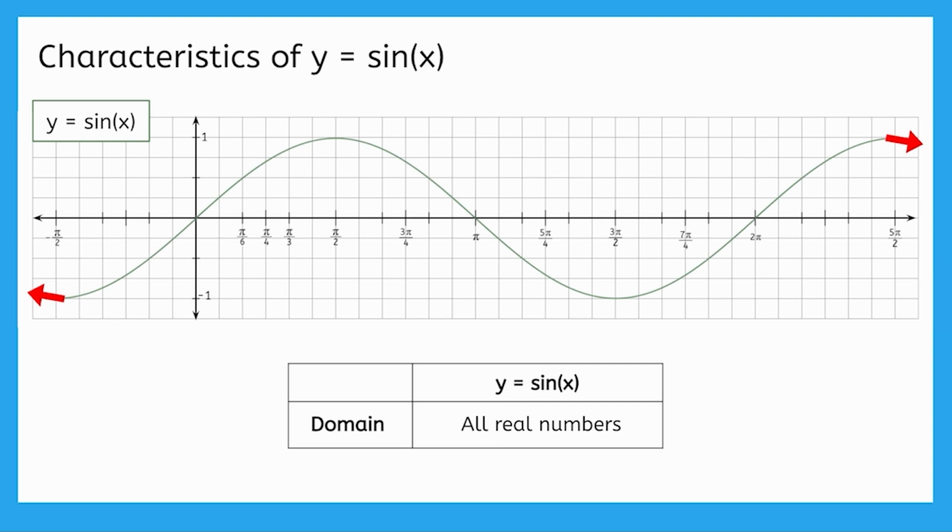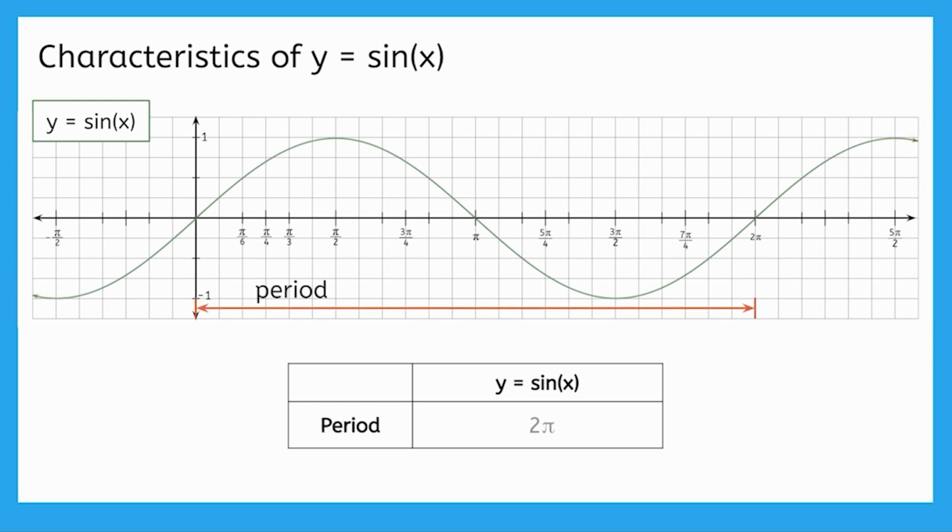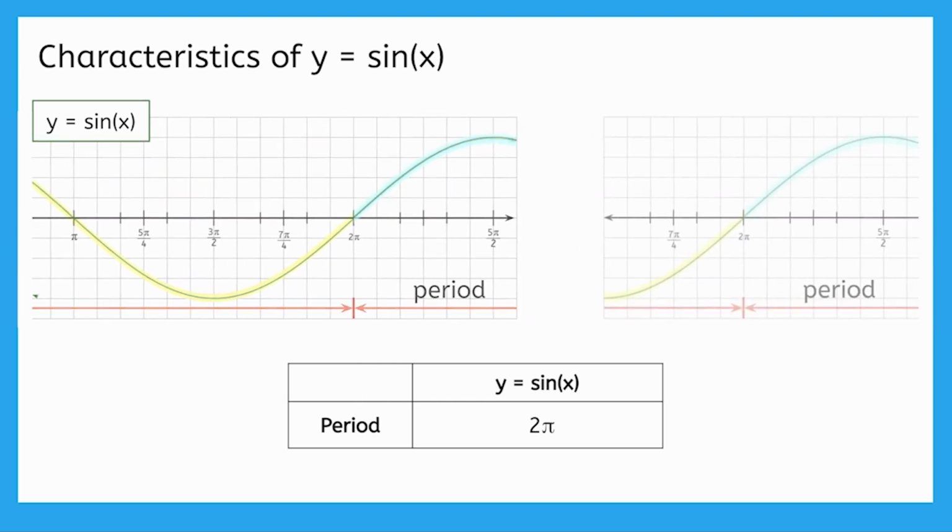A sine wave, like many trigonometric functions, exhibits periodic behavior, meaning it repeats its values in a regular cycle over a specific interval known as the period. The period of the function y equals sine of x is 2 pi, which means that the function completes one full cycle of its pattern over a horizontal distance of 2 pi on the x-axis, then starts over.